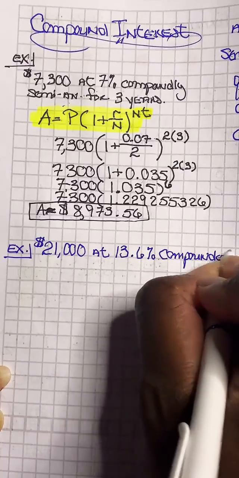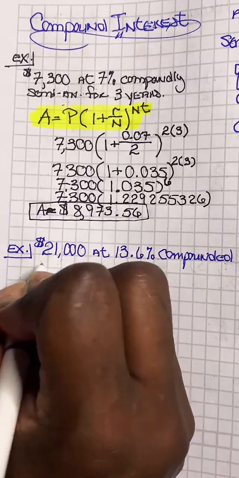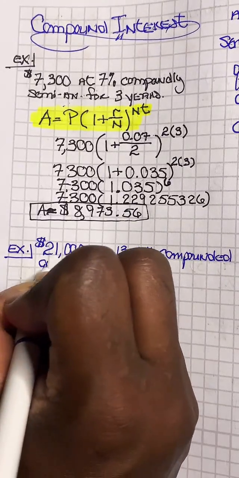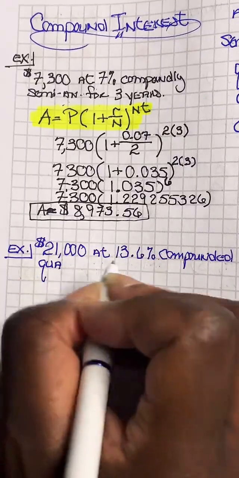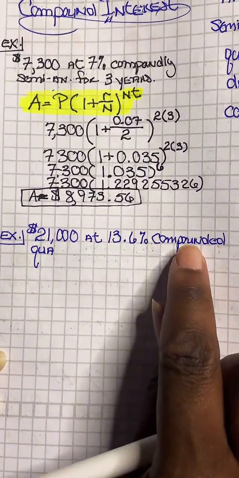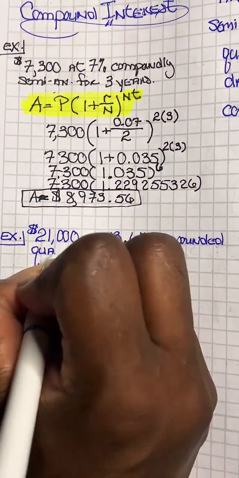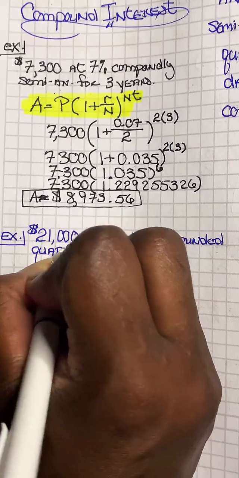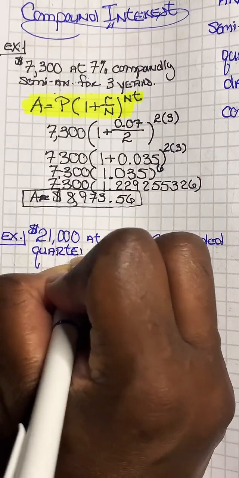Compounded. So the key word to know which formula to do, if they say compounded, we're looking at the compound interest. Anytime they have that word compounded, that's what you're doing. If they say simple interest, then you're just going to be multiplying.